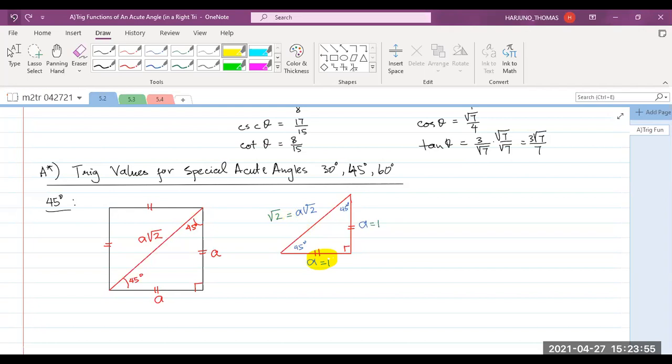Now, at least from here, using these triangles, then we can see that sine 45 degrees is 1 over radical 2, which is radical 2 over 2 if we rationalize that. Cosine 45 degrees is the same.